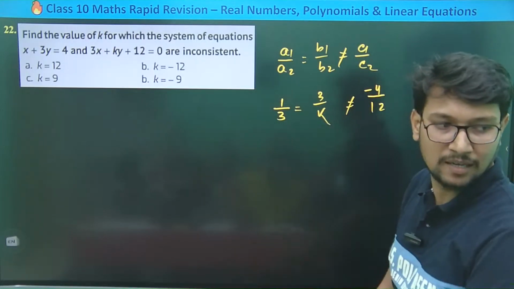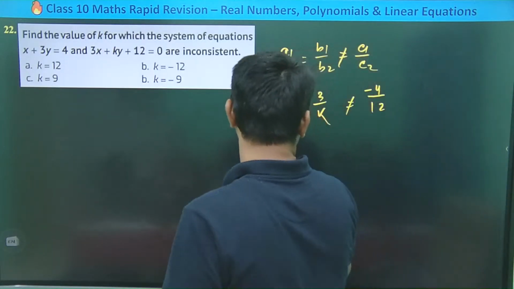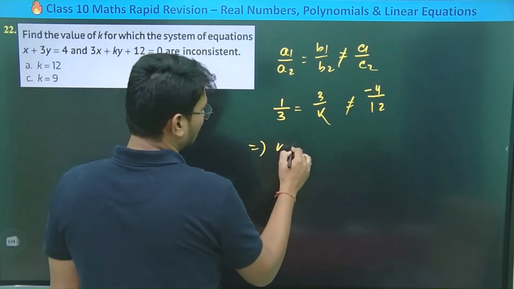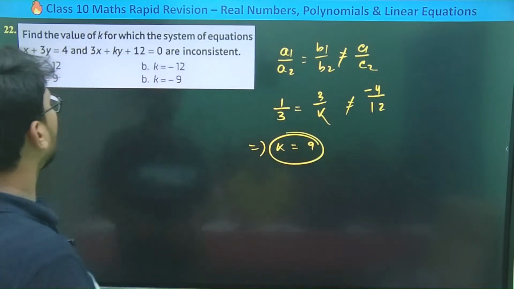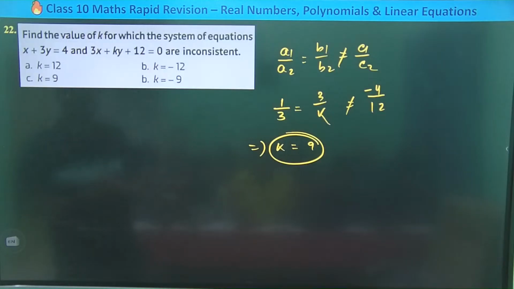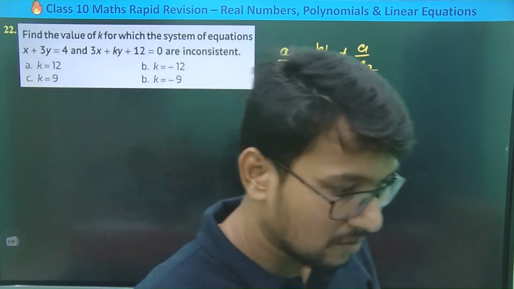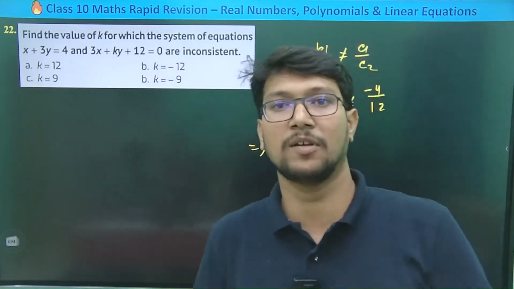So therefore k equals to 9. ठीक है ना? Okay, over बच्चों.